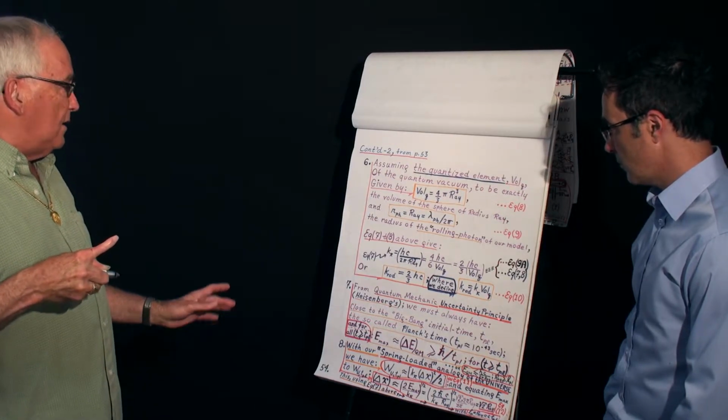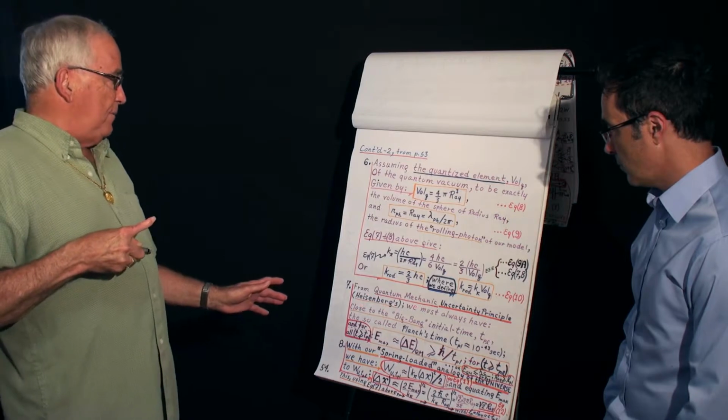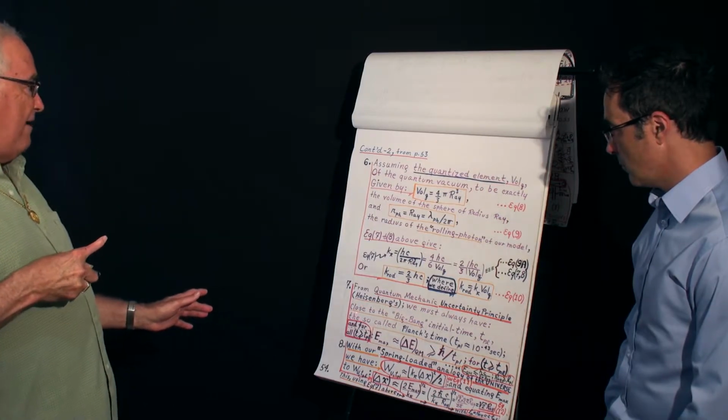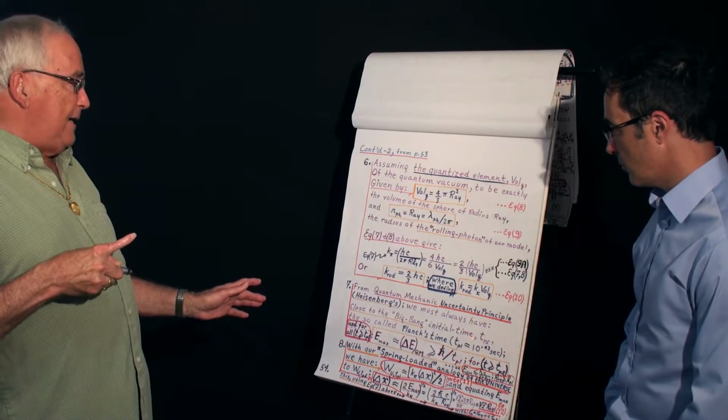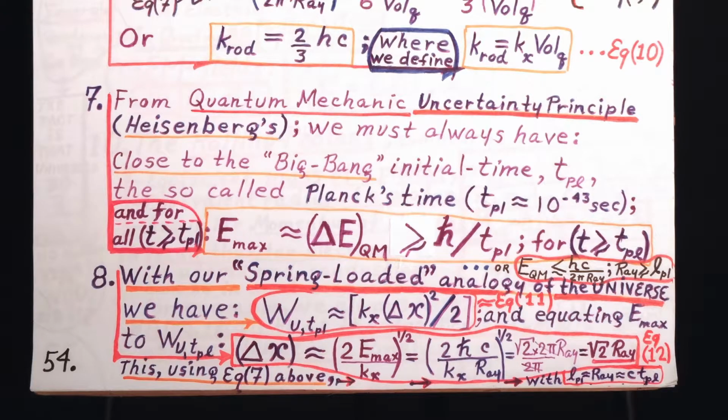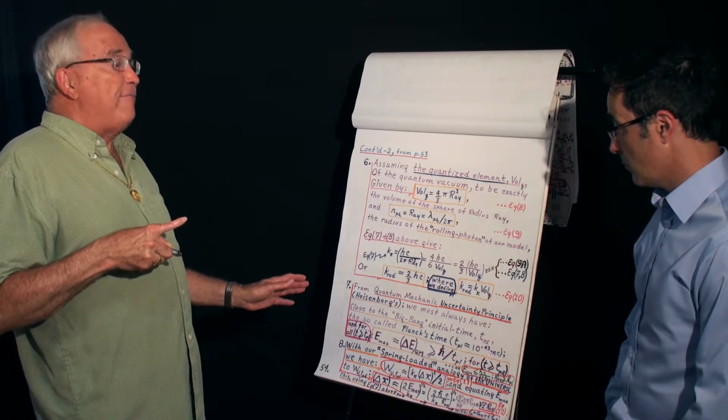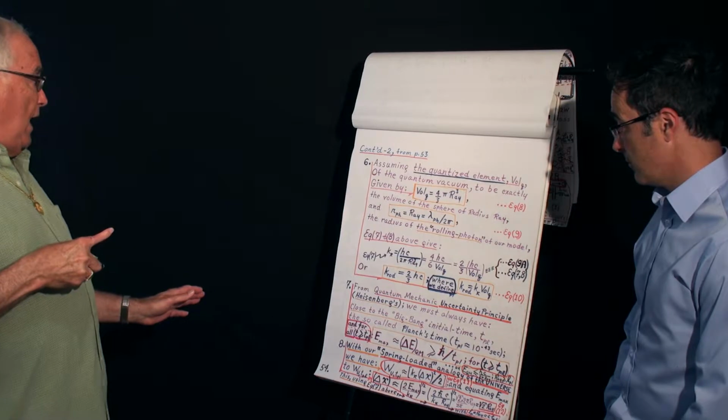From the quantum mechanical uncertainty principle, Heisenberg, close to the Big Bang initial time, we must always have the so-called Planck's time, which is around 10 to the minus 43 seconds. It's damn fast, okay?